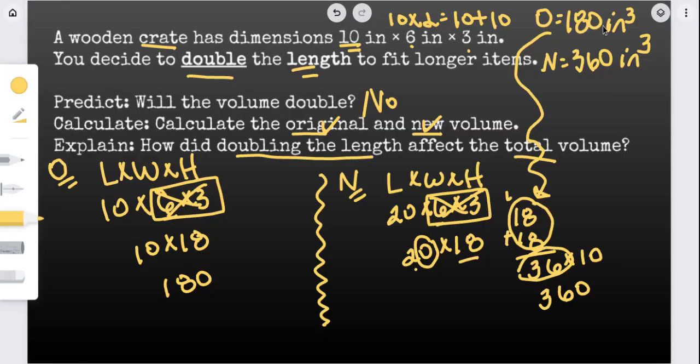So if I were to double 180, it would give me 360. So I was wrong. It does change and double the volume. So just changing the length and doubling the length was enough to actually double the original volume to my new volume.